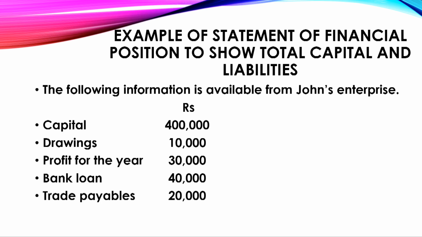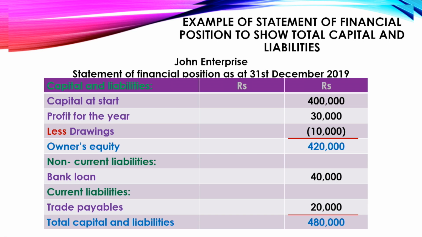Capital 400,000 rupees, drawings 10,000 rupees, profit for the year 30,000 rupees, bank loan 40,000 rupees, and trade payables 20,000 rupees. As said before, it is important to write the entrepreneur's name at the top. Then, at the top of the table, you should write the statement of financial position as at followed by the date.